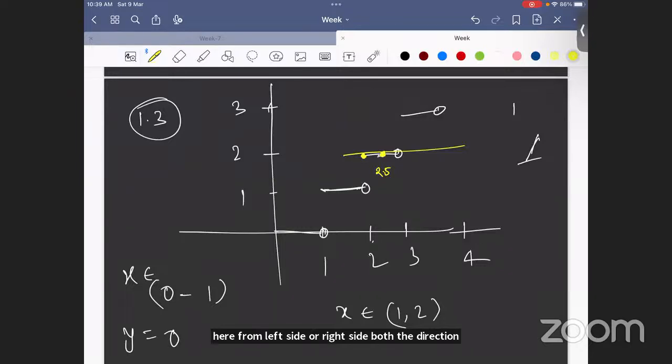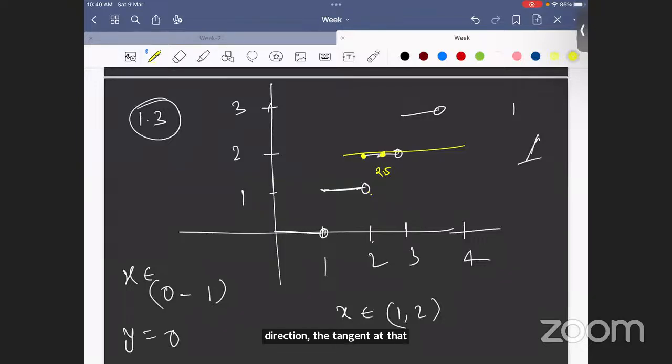So at 2 you are not able to, because if you are coming from the left hand side, the direction is different, because you are tending to 1 itself. But if you go a bit more than 2 and find the direction of the tangent, the direction totally changes.